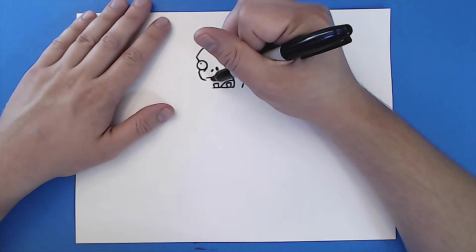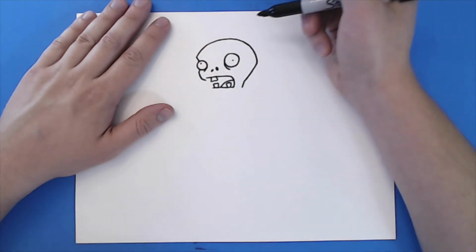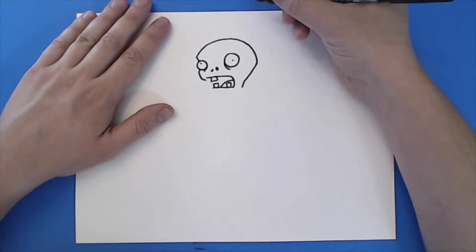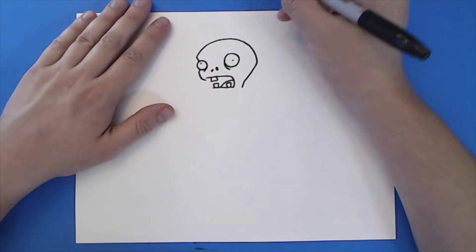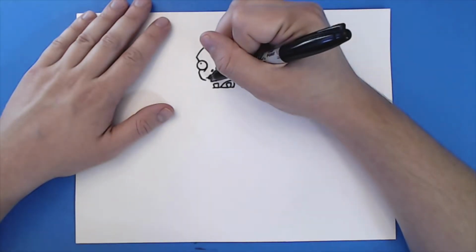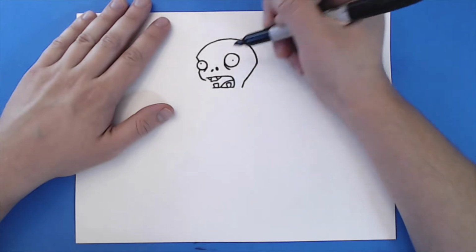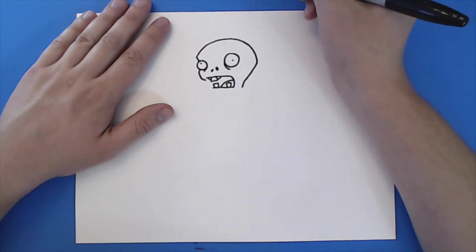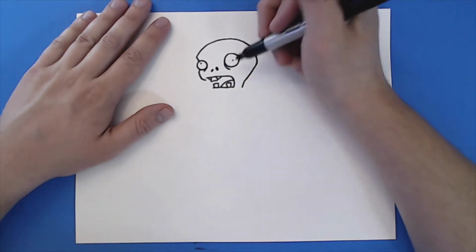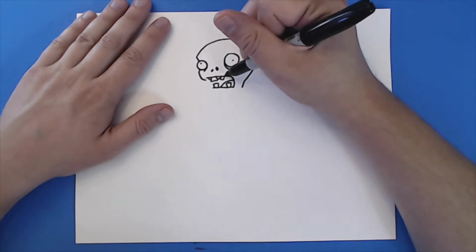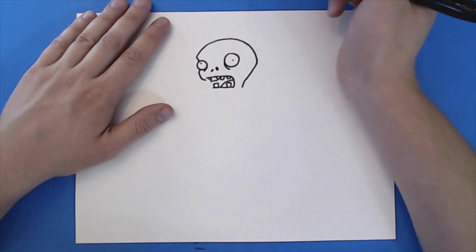Then up here, I'm going to draw another rectangle shape for another tooth. Then behind it, I'm going to draw a little curved line to show the gum. And then I'm just going to put two more little rectangle shapes right in there for some more teeth.